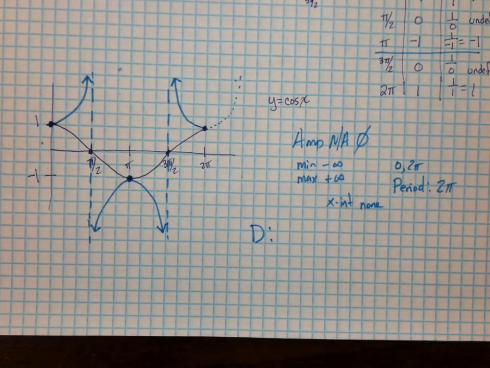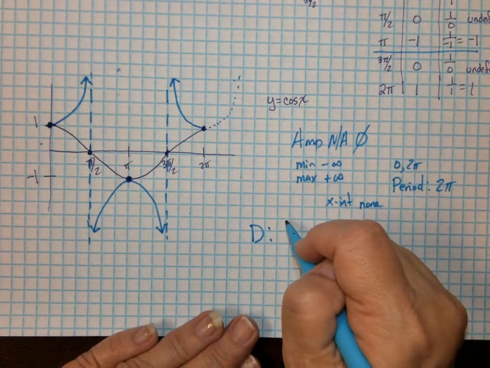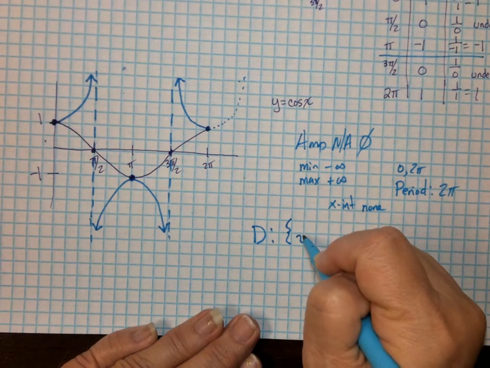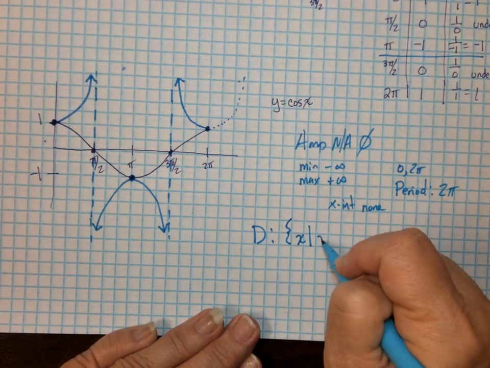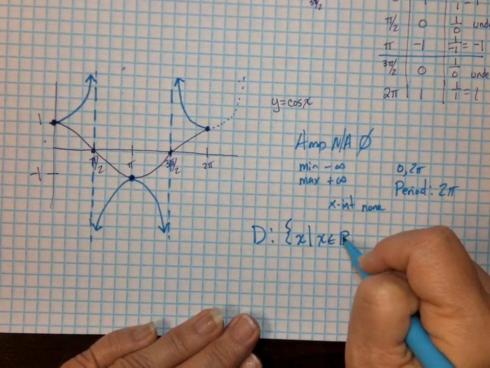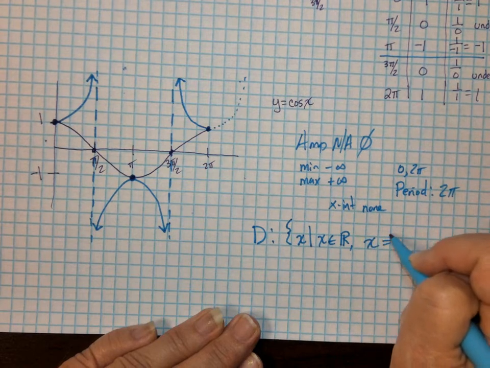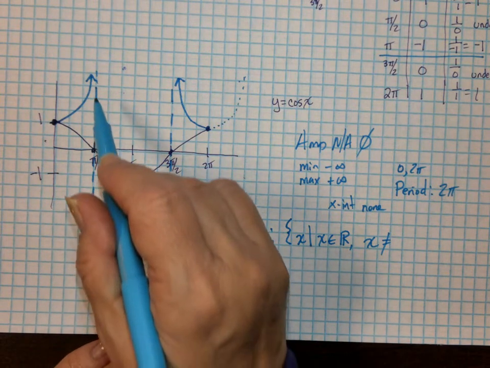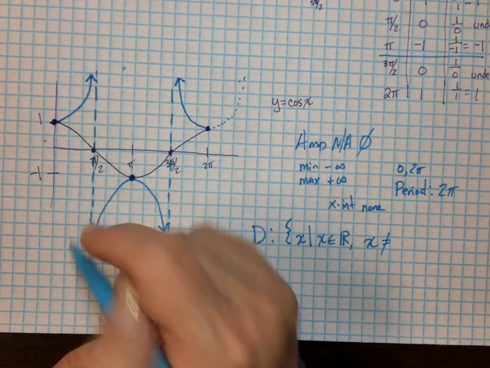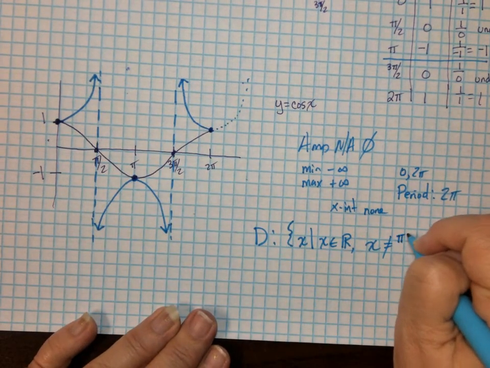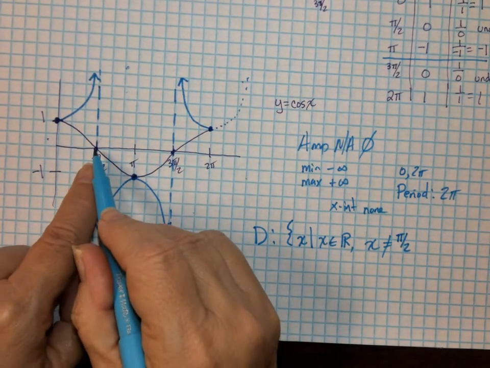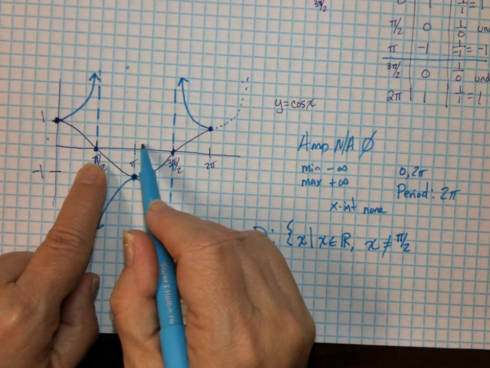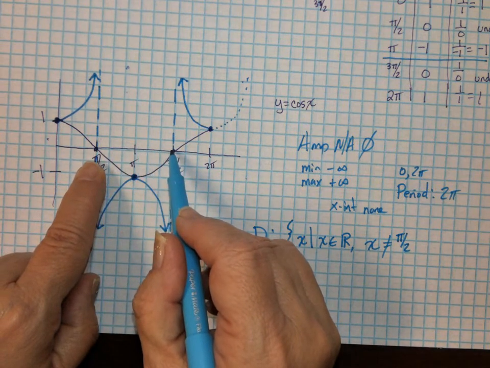So our domain, we've got asymptotes, so your domain will be restricted. X, such that X is an element of the real numbers, but X cannot equal. So let's look at where our asymptotes are. We've got an asymptote at pi over 2. And then what's the distance until we get to our next asymptote?